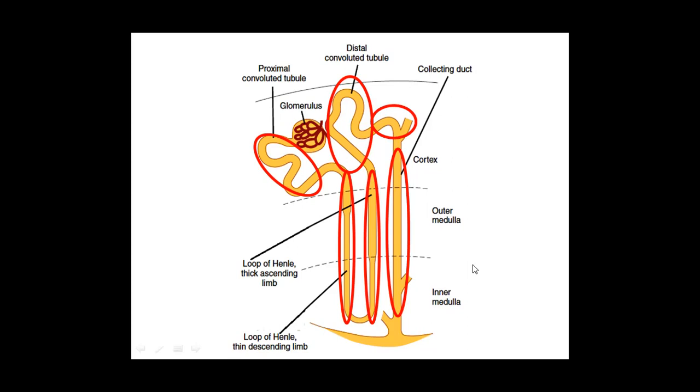These are the various parts of the tubule, and obviously this nephron has a corticomedullary orientation, about which I have detailed in past lectures. So these are the territorial locations of the tubular system.